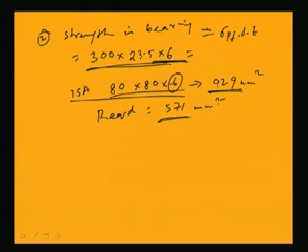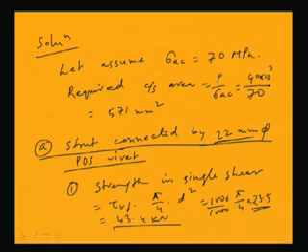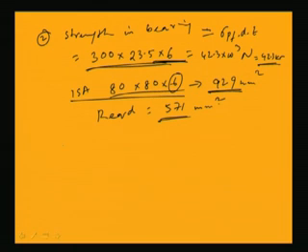So, this will become 42.3 into 10 cube Newton, that means 42.3 kilonewton. Okay. So, strength in bearing is 42.3 kilonewton and strength in shearing is 43.4 kilonewton. So, the rivet value R will become the lesser of these two, that will become 42.3 kilonewton.